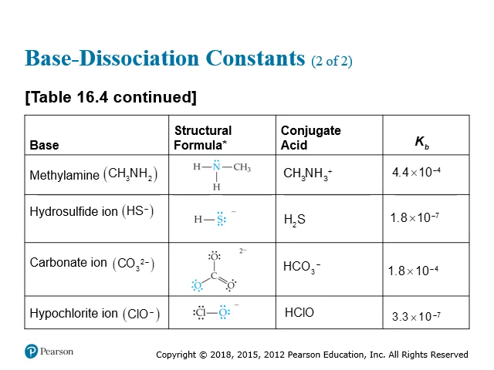Furthering this discussion, we continue to see atoms that have a lone pair on them able to accept a proton. The carbonate anion has a Kb value of 1.8 times 10 to the minus 4. The hypochlorite ion, 3.3 times 10 to the minus 7.